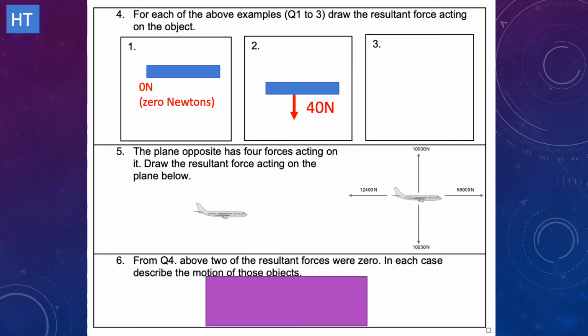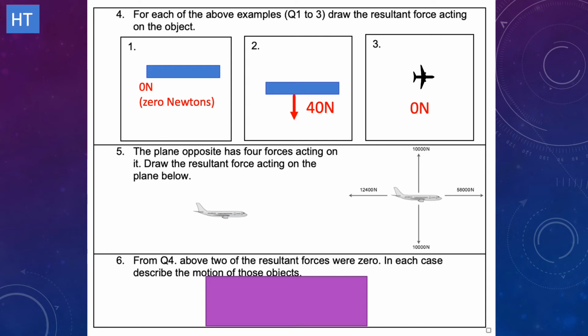So same thing, you start off with your object, and because all 4 forces were exactly the same, you can look at it as 2 forces and 2 forces, the ones that are working opposite to each other, but since they're all the same, you're going to get a resultant force of 0 again. Okay, and that goes back to the skydiver. Remember how he was falling, but the 2 forces were exactly the same, which means that your plane here is traveling at constant velocity.